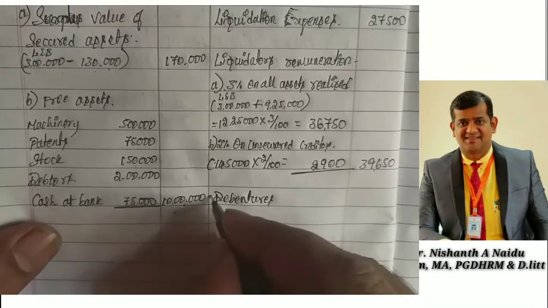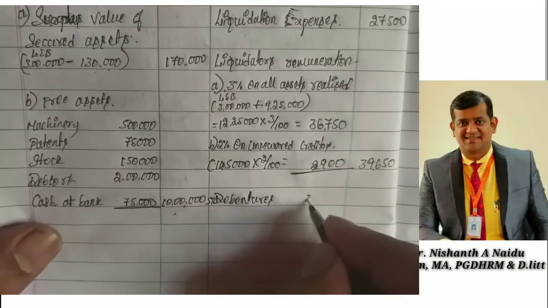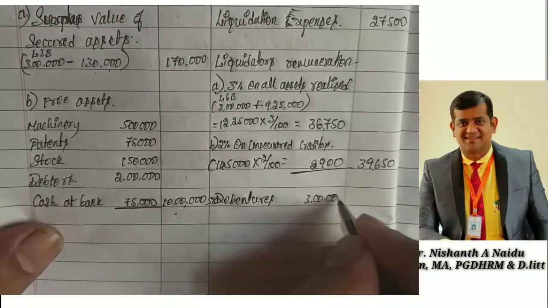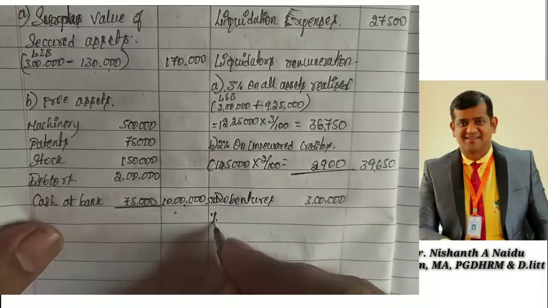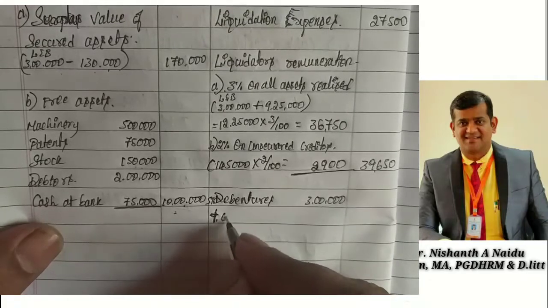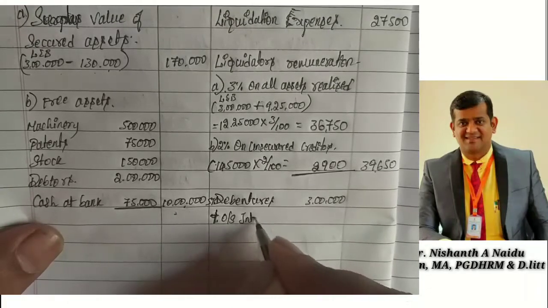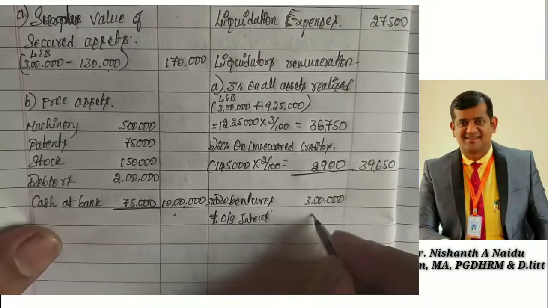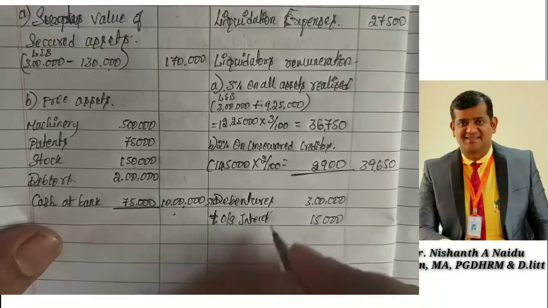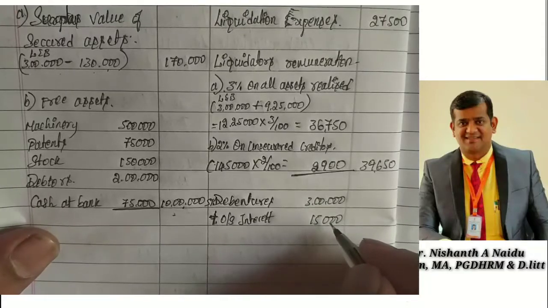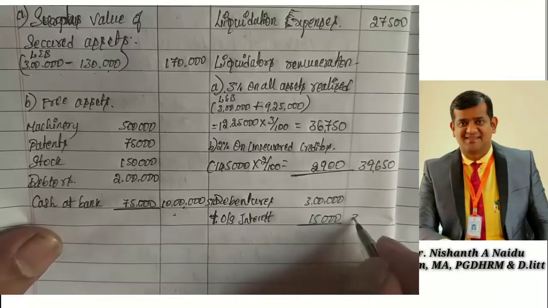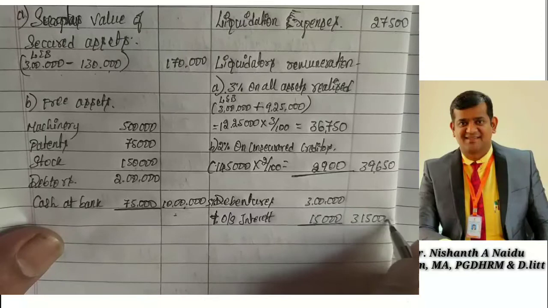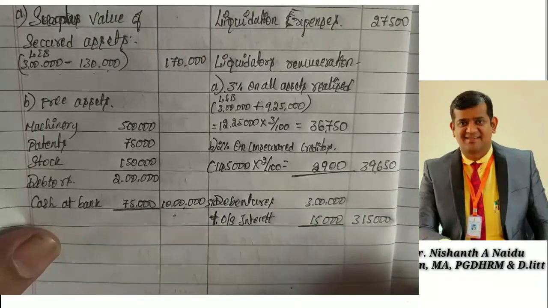Then there is outstanding interest, correct? Add outstanding interest. How much is the outstanding interest? 15,000 rupees. So now total it, put it in the outer column, 3,15,000 rupees. So we have settled the debenture holders.